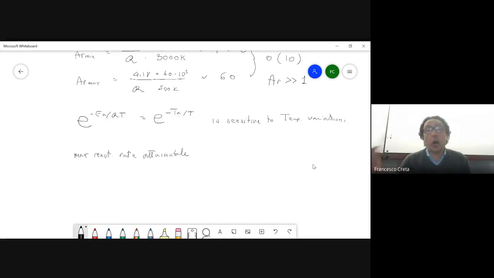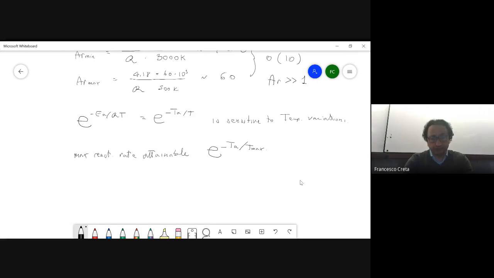Forget all the constants, and forget the particular reaction. It's clearly attainable at the maximum temperature. So it will be e to the minus TA divided by T max. That's an expression for the maximum reaction rate that we can attain, irrespective of the reaction and of the constants that will appear in the front.